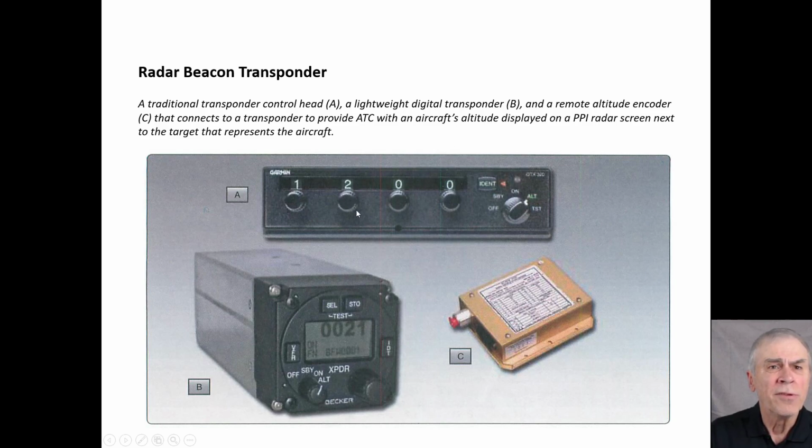Oh, the control head is A. Yeah. And then this looks a little heavier than it is apparently. It's a lightweight, the actual transponder. And the remote altitude encoder. So for the mode C, this is the device that adds the altitude response to the ATC interrogation.